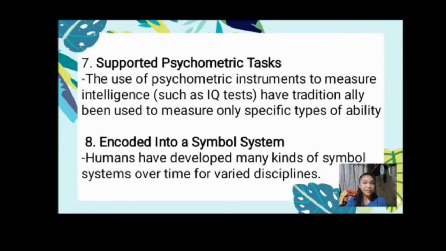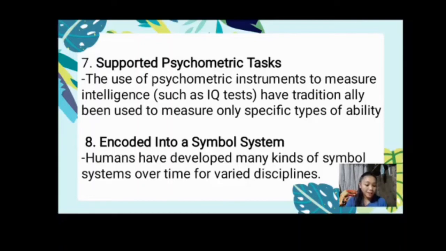The last is encoded into a symbol system. Humans have developed many kinds of symbol systems over time for varied disciplines. True intelligence has its own set of images it uses which are unique to itself and are important in completing its identified set of tasks.